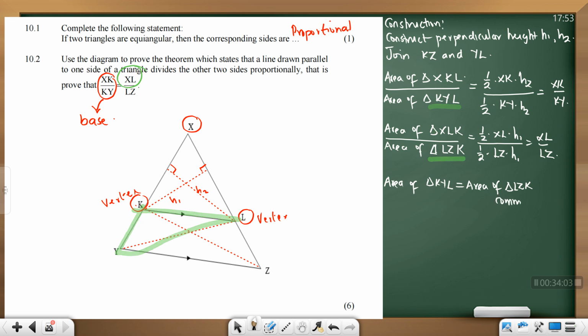Common base and what? Equal height. I explained why the heights are equal. Because they are bounded between two parallel lines. I am done. Therefore, the left hand side is equal to the right hand side. XK over what? KY equals to what? XL over what?